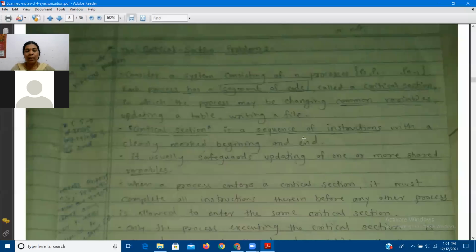The producer was incrementing that counter variable and the consumer was decrementing it. So this counter variable acts as a common variable between producer and consumer, taking the producer as one process and the consumer as another. So we consider two processes in the system.